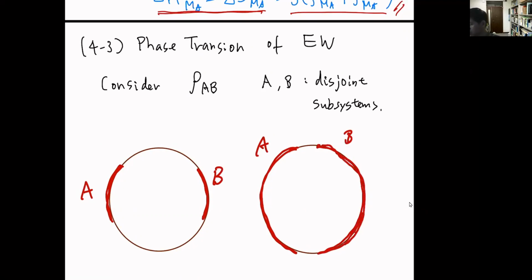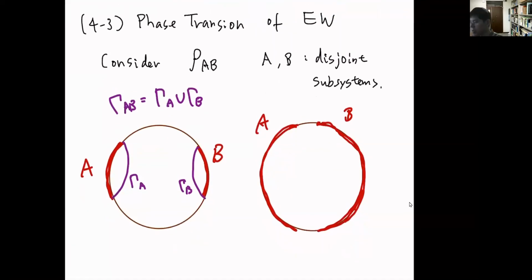In the first case, we can write down the minimal surface, and they are actually disconnected. This is gamma A and gamma B, and gamma AB is actually a simple union.